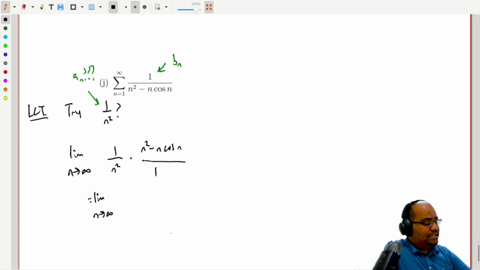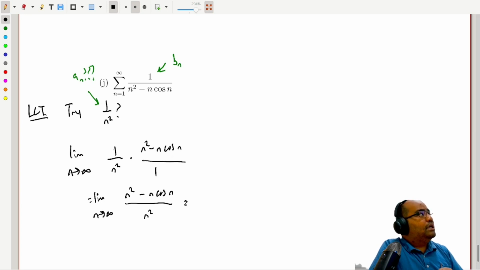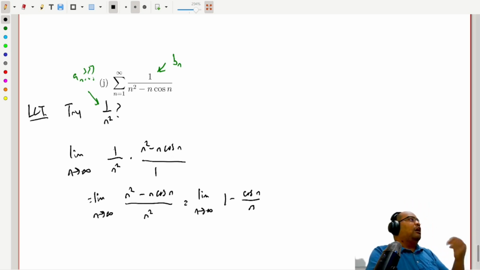So we'll have the limit as n goes to infinity of n squared minus n cosine of n over n squared. And now, because I have stuff over a common denominator, I can go ahead and split the fraction up and take a look here. We have the limit as n goes to infinity of 1 minus cosine of n over n, a common factor of n dropped there.